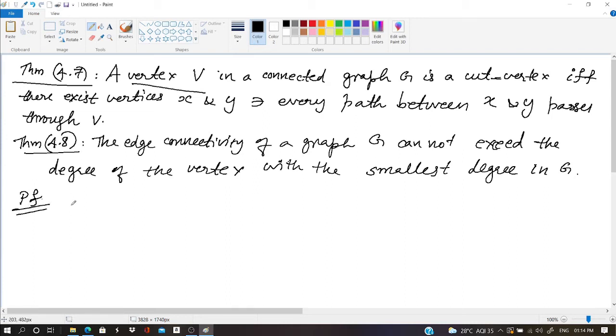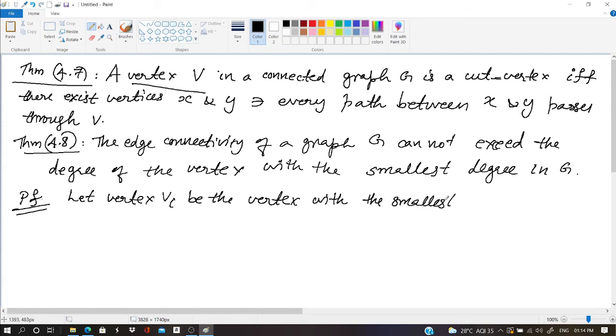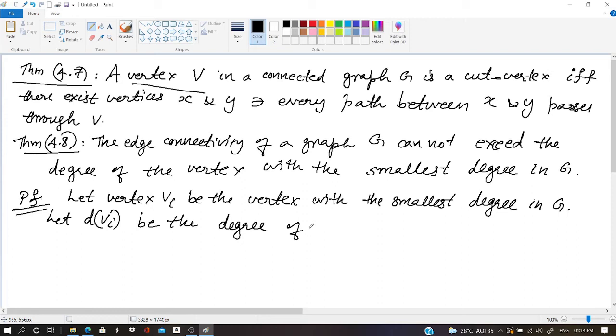So we can consider the proof. Let the vertex Vi be the vertex with the smallest degree in G. Let d of Vi be the degree of Vi.